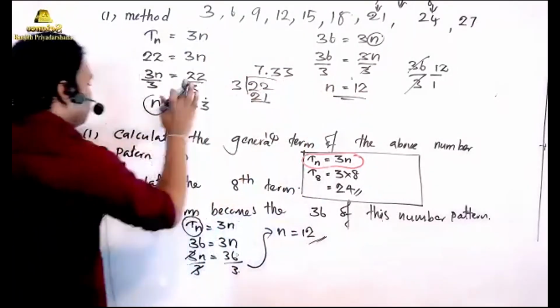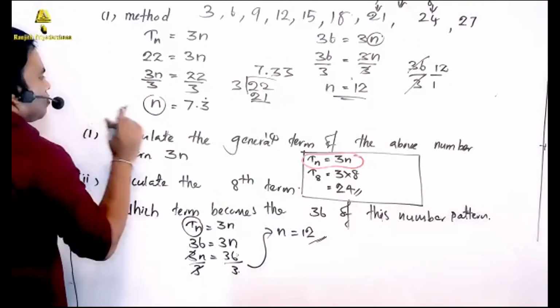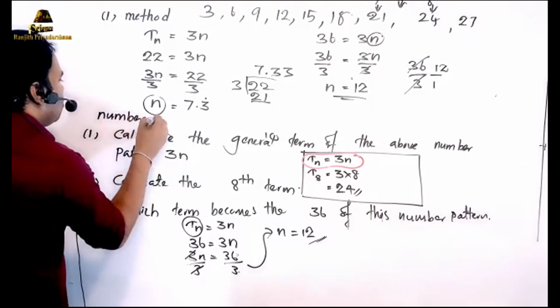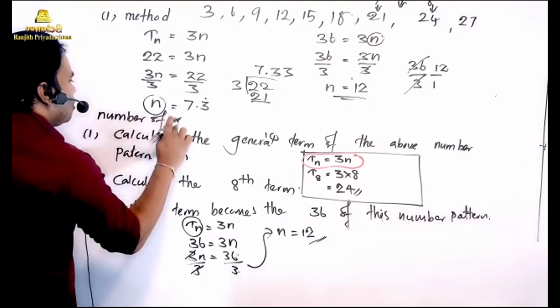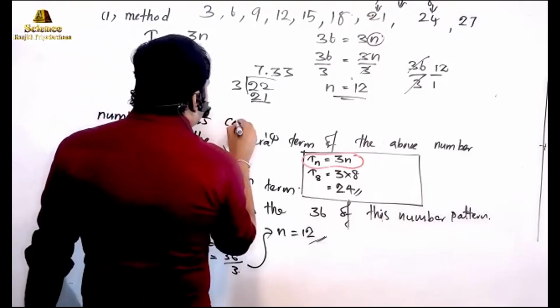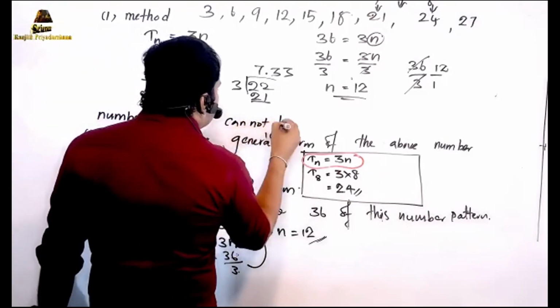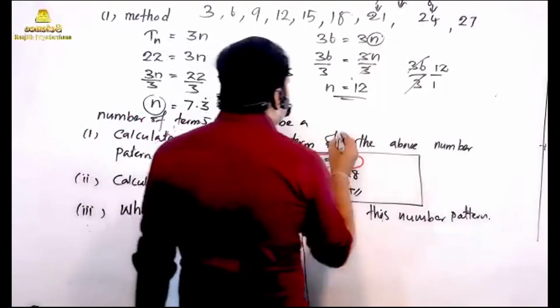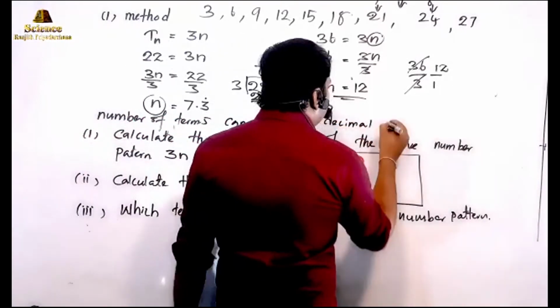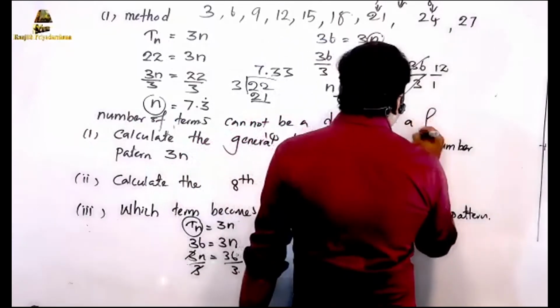Number of terms cannot be a decimal or a fraction.